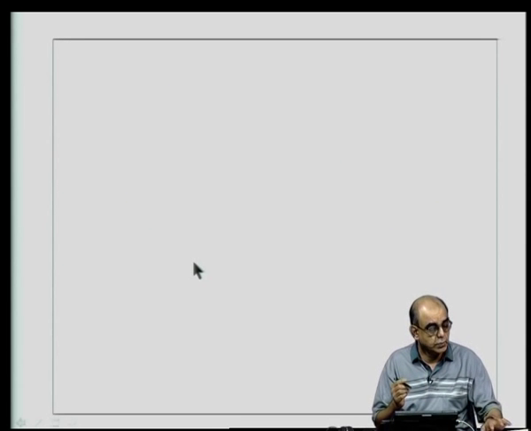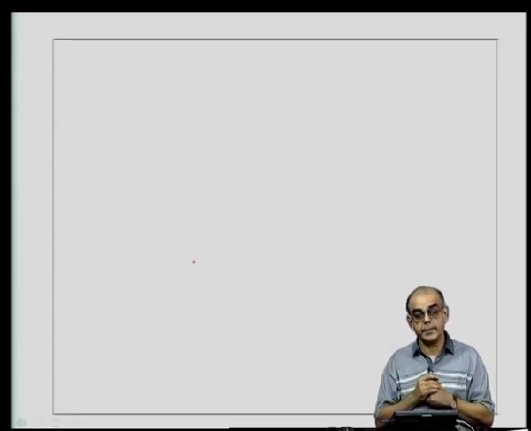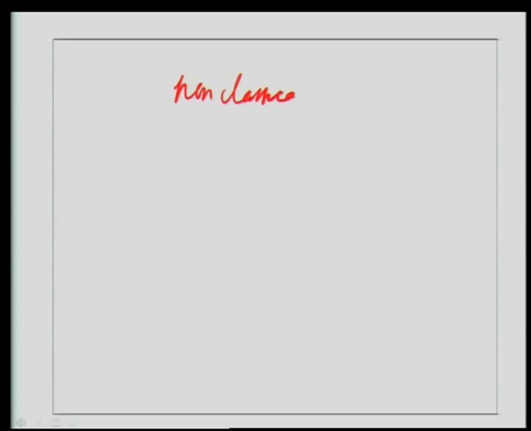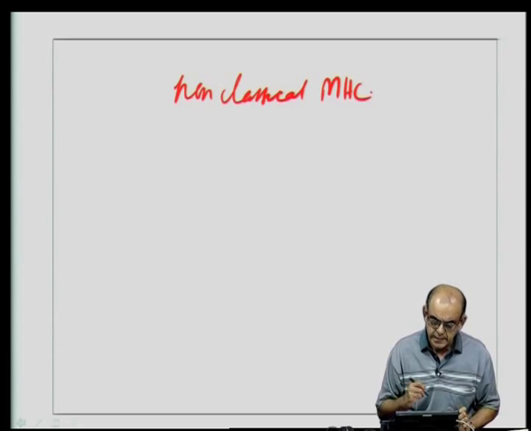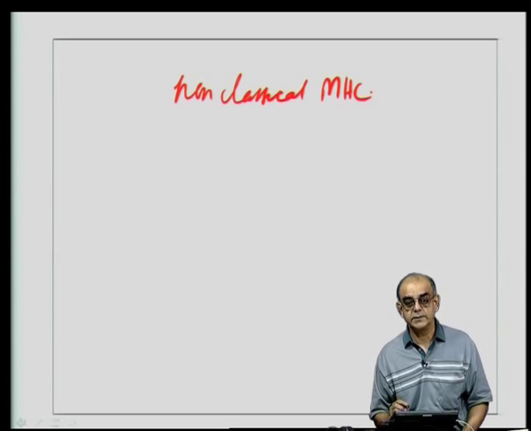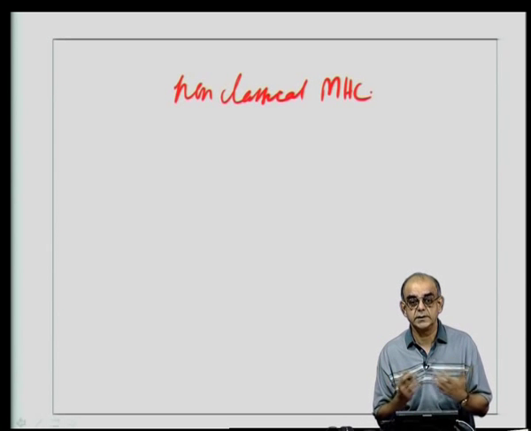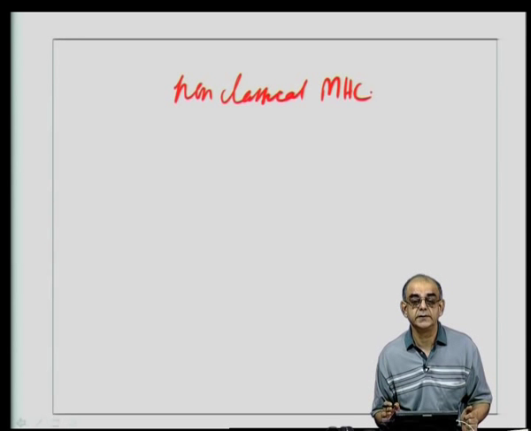In addition to all these kinds of major histocompatibility reactions, you also have minor histocompatibility reactions. What are these minor histocompatibility reactions? In addition to these major histocompatibility molecules, you have various other kinds of what are called non-classical MHC molecules, and it is practically impossible to try to match the tissue type for all these different kinds of antigenic molecules.